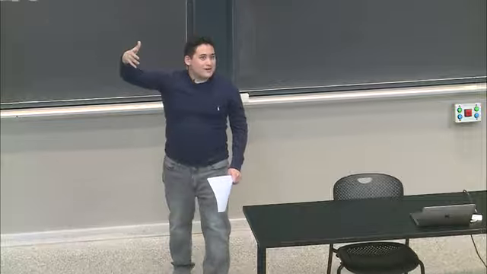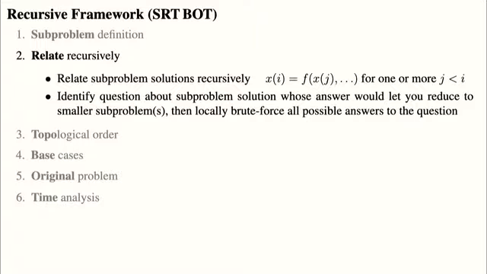Now, actually embedded in this, the idea of a smaller subproblem isn't really well defined yet. We haven't told you an ordering of these subproblems to be smaller, but that's what's going to come in the third step. So a strategy for figuring out what these recursive relations might be is to identify some question about the subproblem solution.